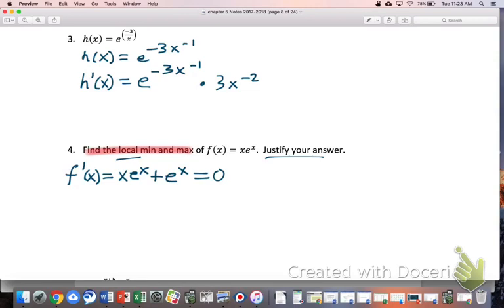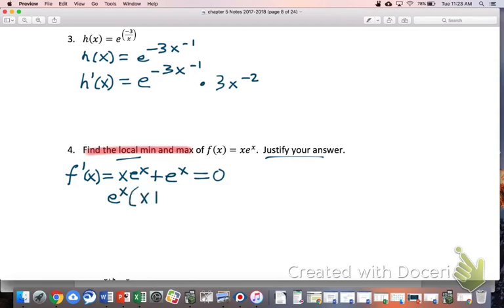I think there are 2 strategies, one of which actually works here, but it's a bad strategy, and that would be to divide everything through by e to the x. It would work here because e to the x never equals 0. But if e to the x, or whatever that function happened to be, ever did equal 0, this would be a bad strategy because you'd lose a solution. So instead of dividing stuff out, what we need to do is factor. So we'd factor out the e to the x.